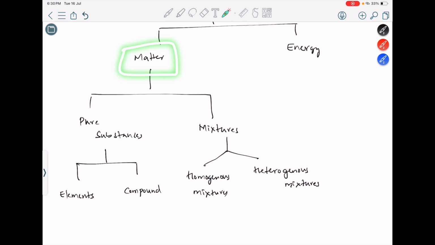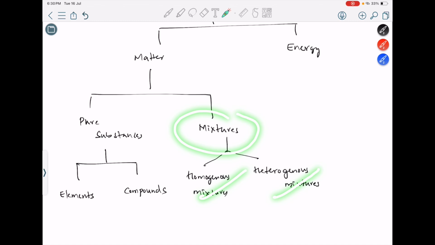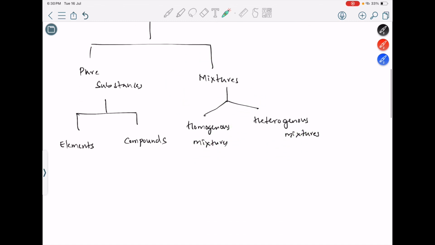I repeat. We're concentrating on matter, and matter is classified into two categories: pure substances and mixtures. Pure substances are further classified into elements and compounds, whereas mixtures are classified into homogeneous mixture and heterogeneous mixture. And what do elements include?